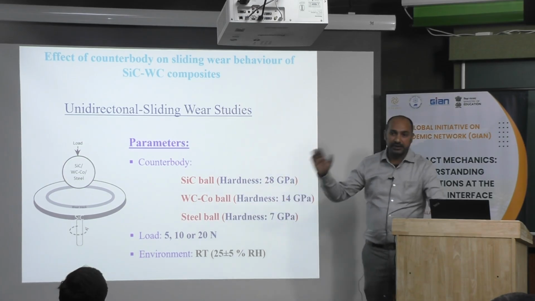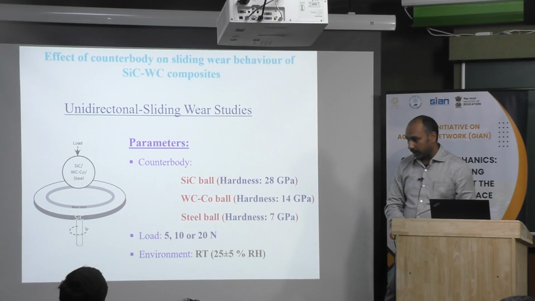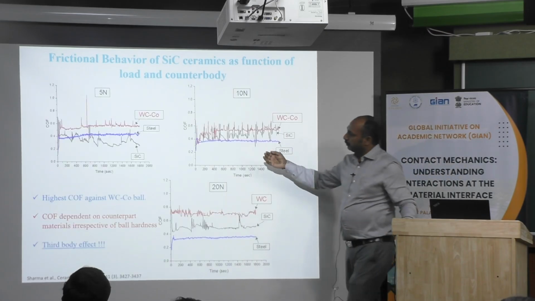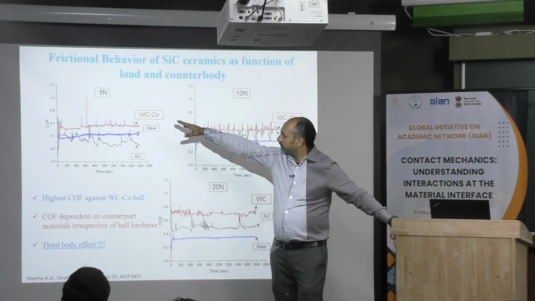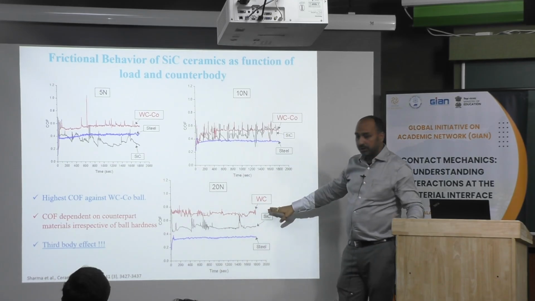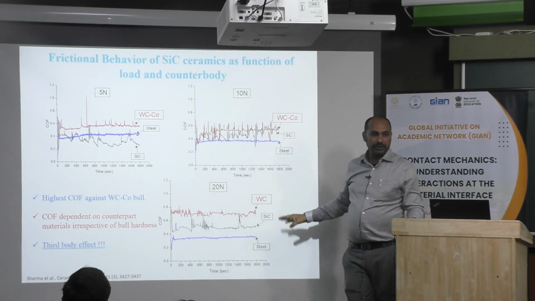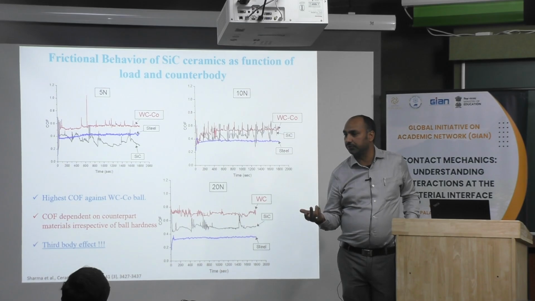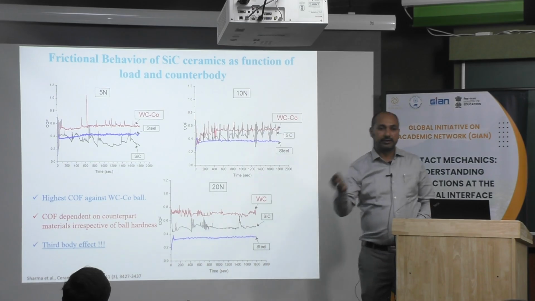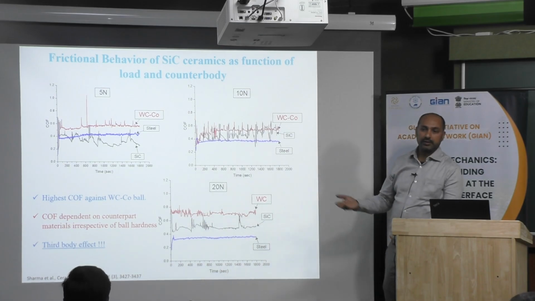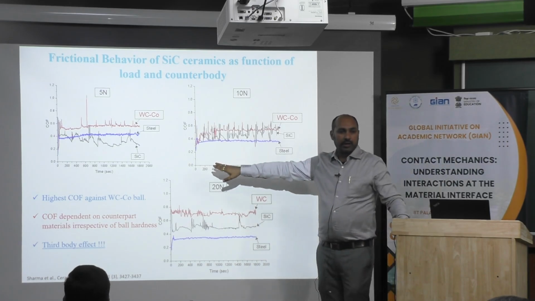So how will it behave in terms of frictional behavior? If you see here, for any particular load, maximum average coefficient of friction we are getting in case of cermet. It is not in case of silicon carbide ceramic, or in case of steel.